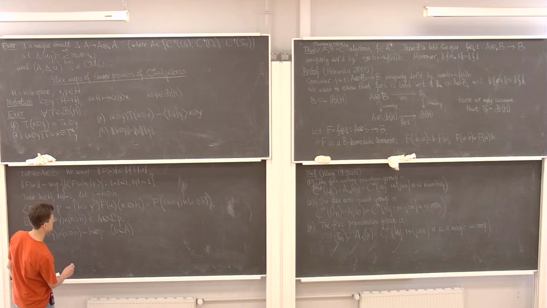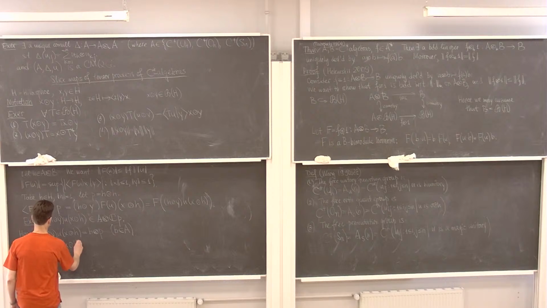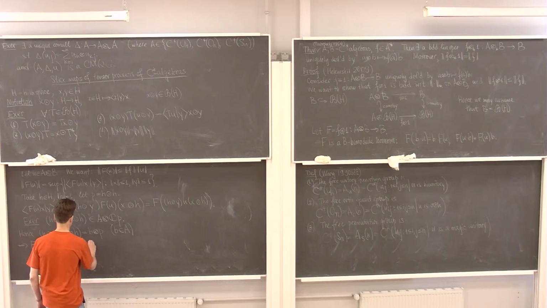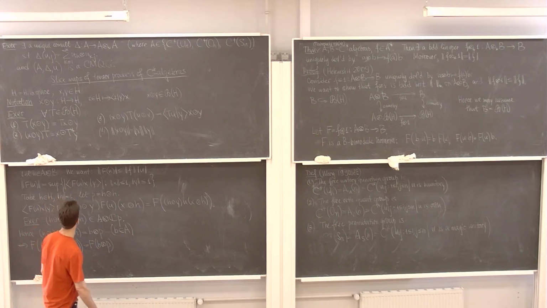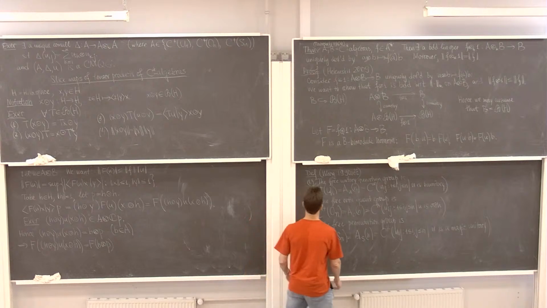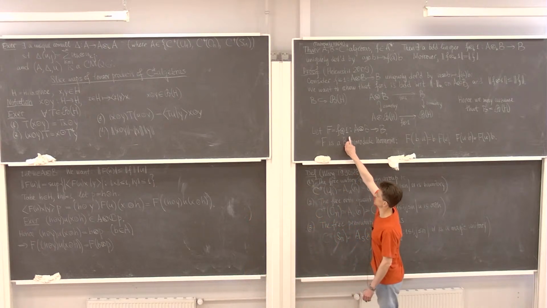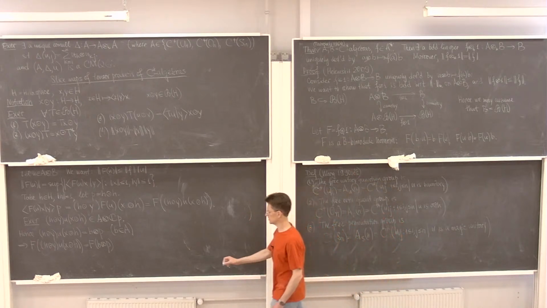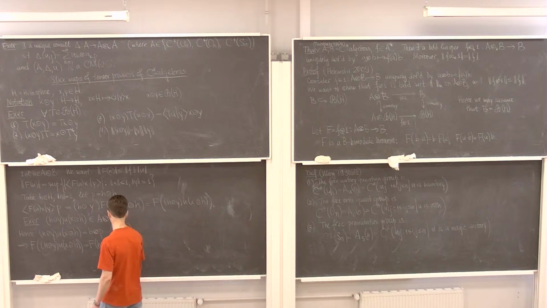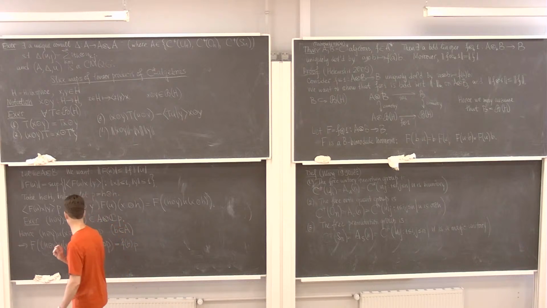F applied to this product is just big F applied to b tensor P. And big F is just little f tensor 1. So this is f of b times P.